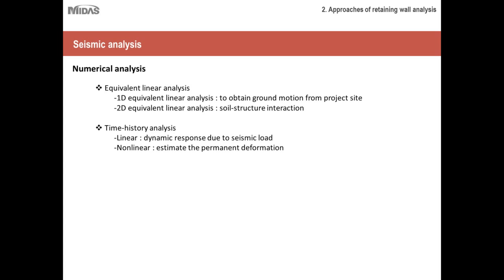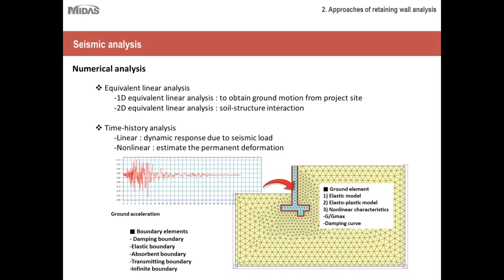You can consider it to be similar to pseudo-static analysis, if you really want to draw an analogy. But time history analysis, as you can see, has two branches, linear and nonlinear, and linear analysis is useful for determining the dynamic response due to seismic loading.